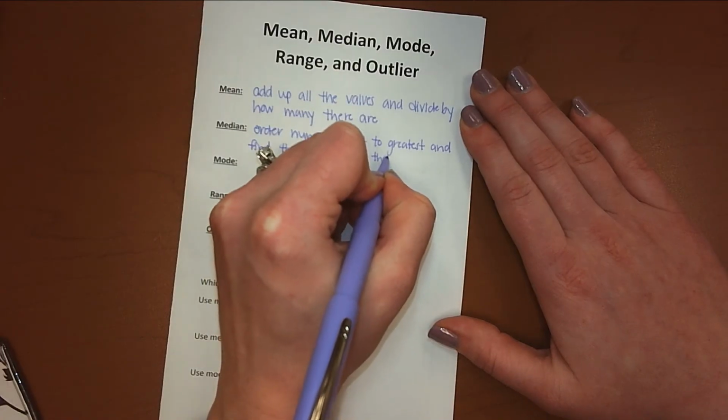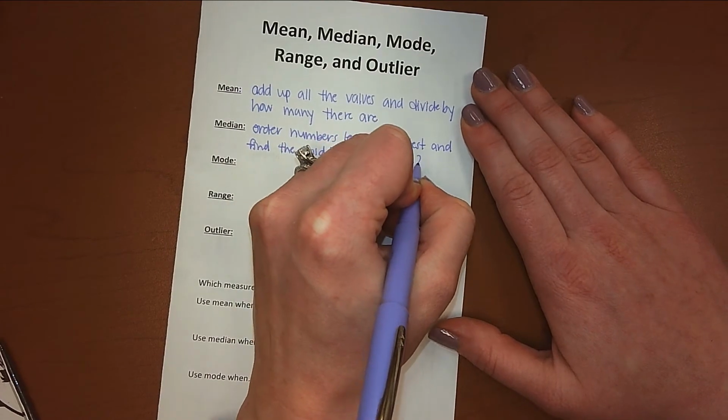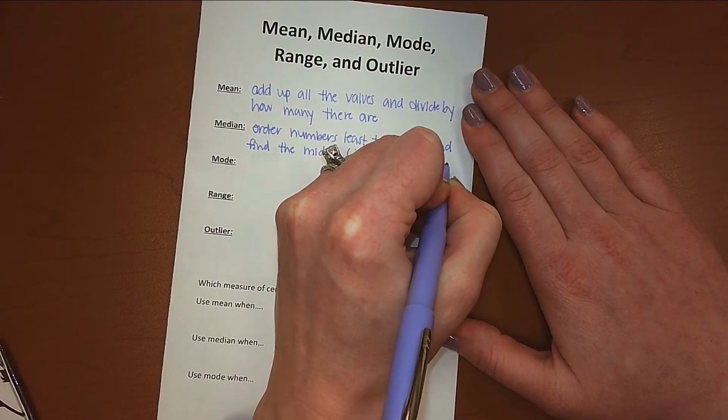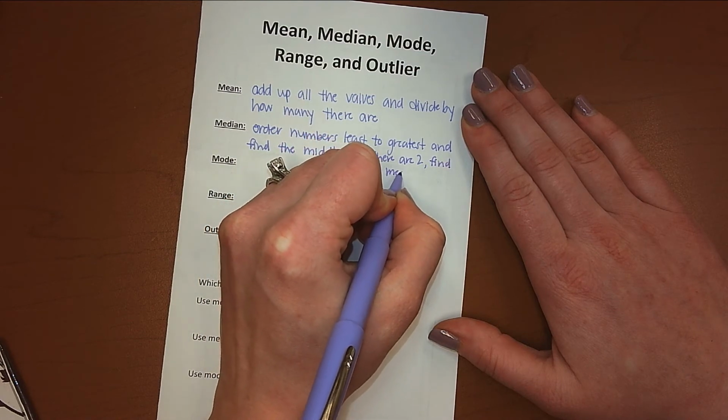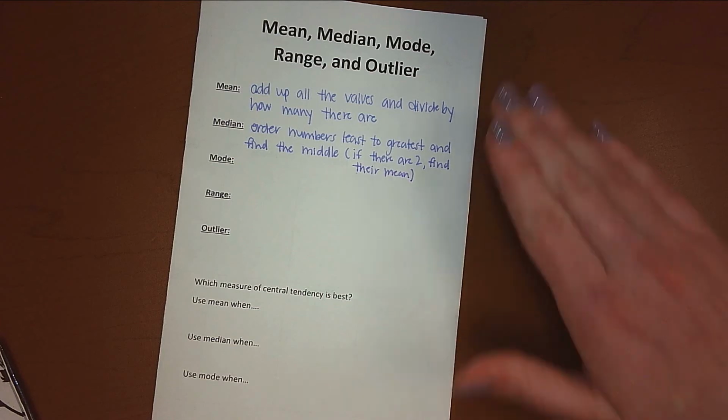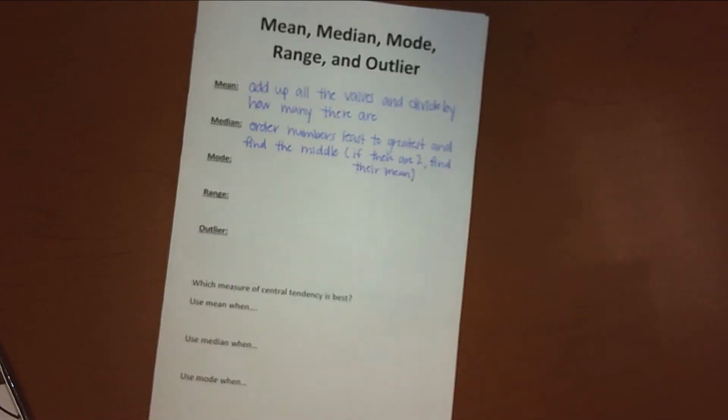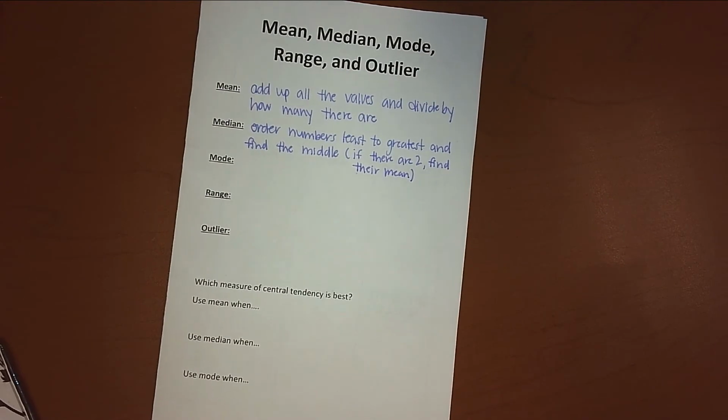If there are two, find their mean. So to find the median, you order numbers least to greatest and find the middle number. If there are two middle numbers, then you're going to find their mean, which we'll talk about in a little bit.